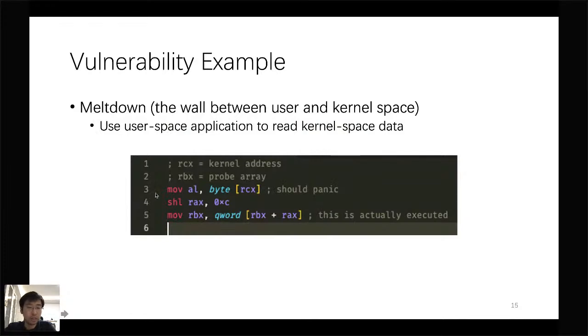For example, in this case, the register RCX holds a kernel address. And actually, the value at this address should not be read by user space applications. So if we try to execute the line 3 assembly code, it will panic because the kernel will detect that your user space application is trying to read some data from a kernel address.